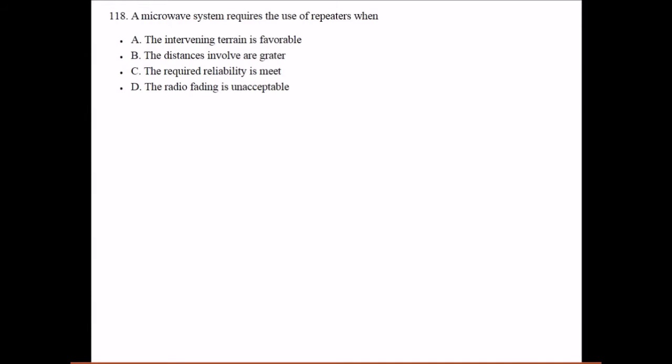A microwave system requires the use of repeaters when? Repeaters are devices which improve the power of the fading or attenuating propagation waves as they travel along a distance.